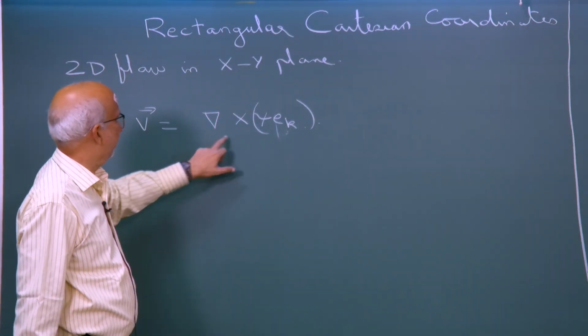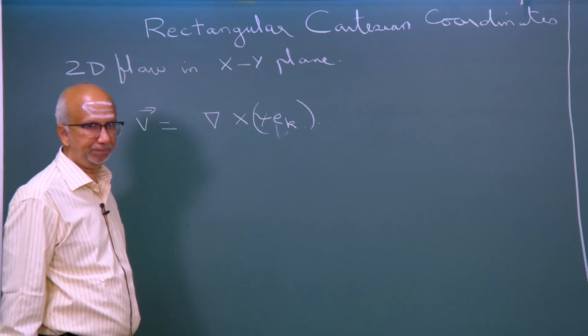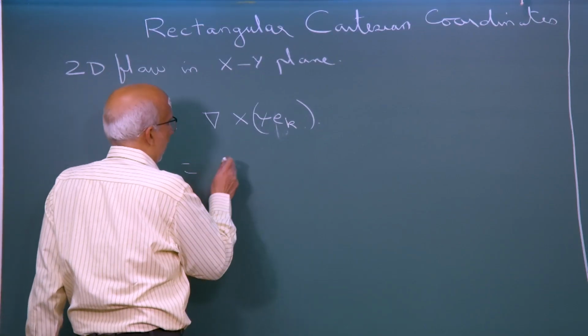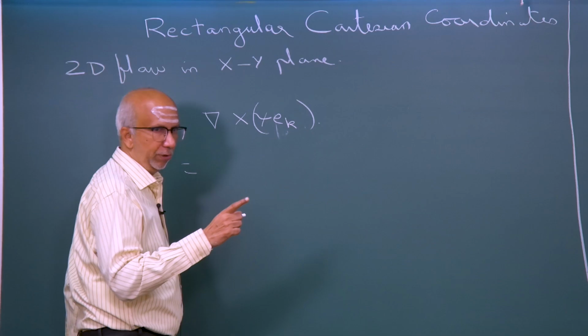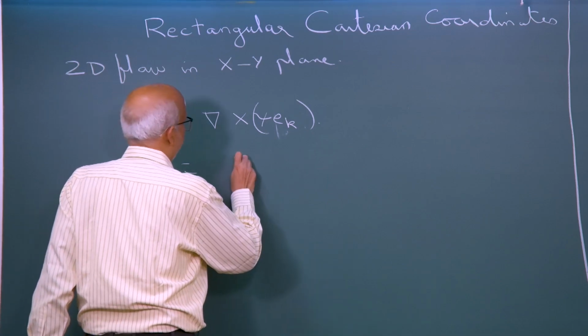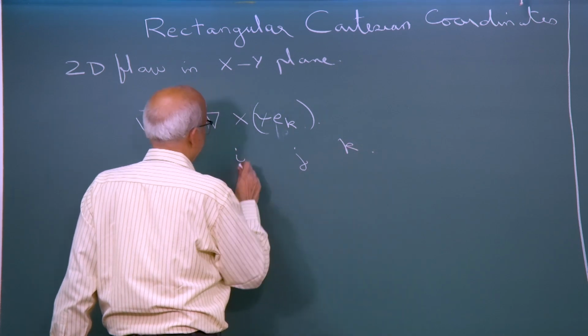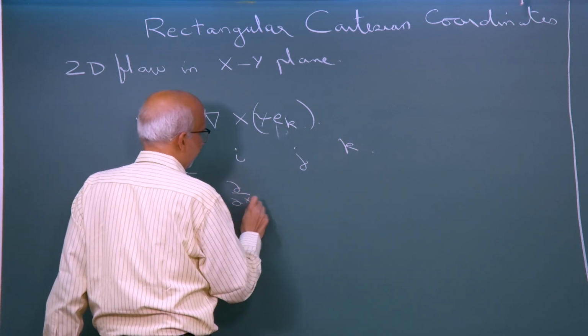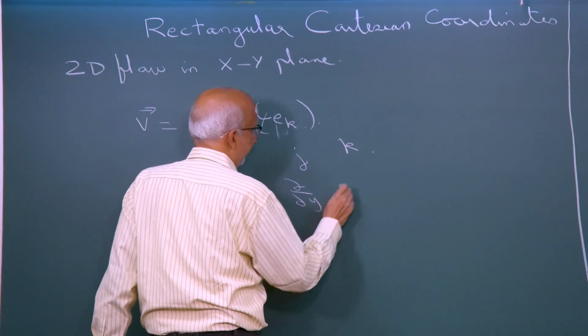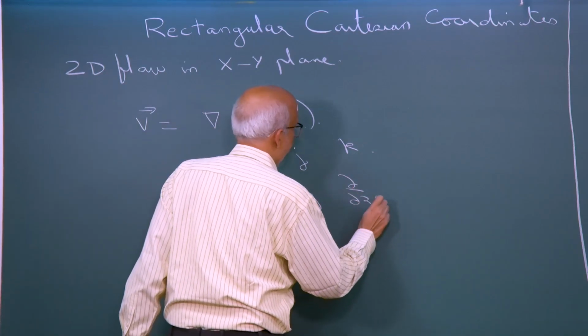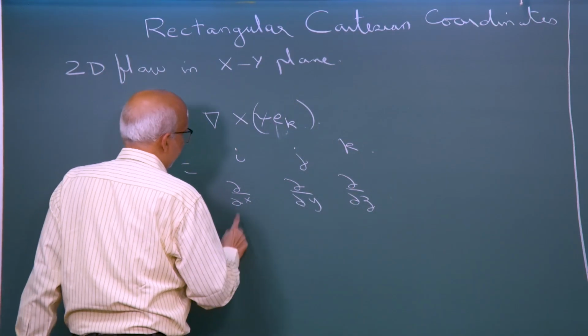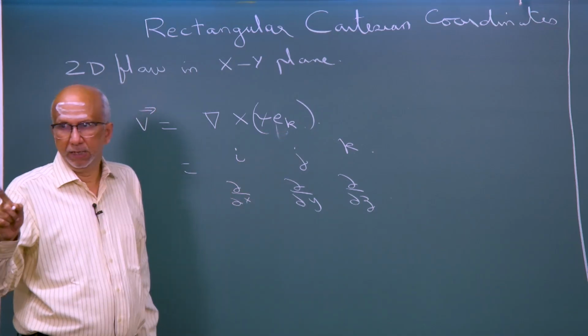So, if I write, I want to calculate what this is. Since you know how to calculate curl, you just write i, j, k, curl is in Cartesian coordinates. This is the gradient operator, okay, and psi has only the third component.